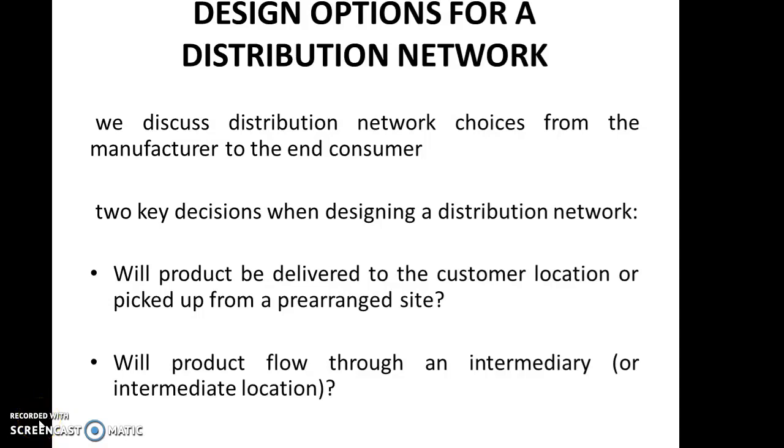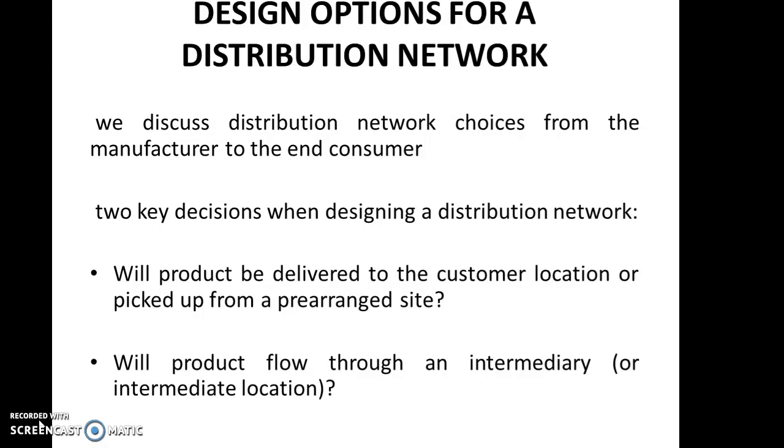The topic of this lecture is design options for a distribution network. Here we are going to discuss various distribution network choices to take the product from the manufacturer to the end consumer. There are two key decisions we have to make before designing a distribution network.